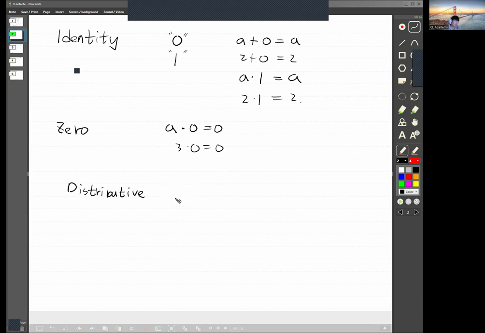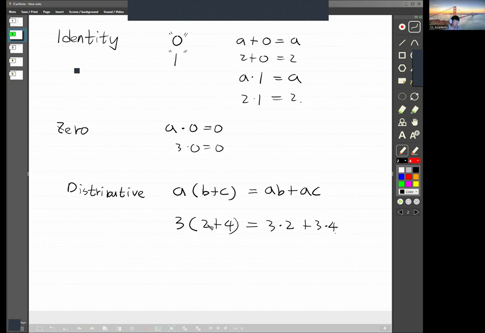Meaning that when I have A times (B plus C), that's the same as AB plus AC. For example, 3 times (2 plus 4) is the same as 3 times 2 plus 3 times 4. Let's see if it is true or not.